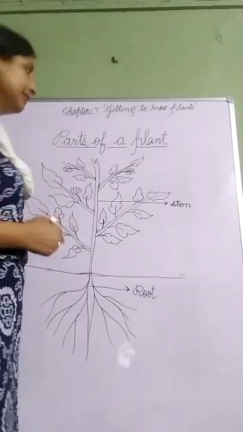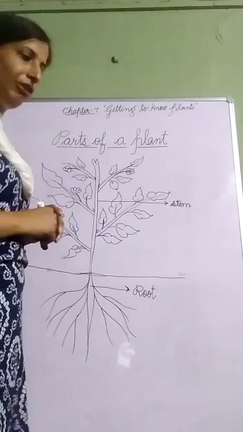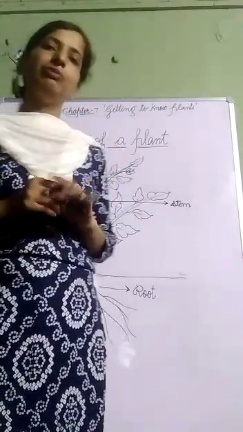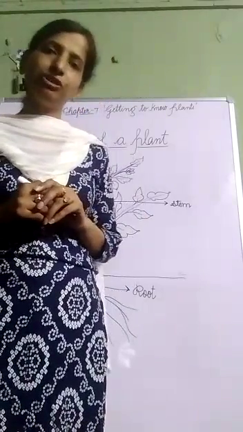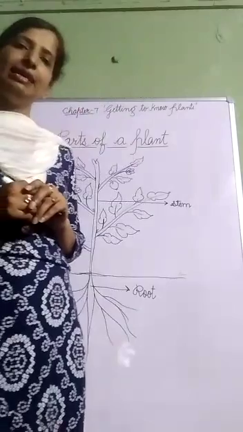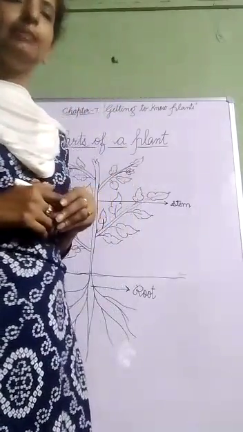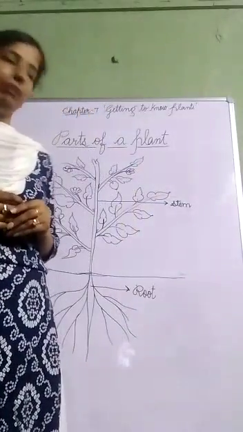Now let's discuss the function of leaves. Leaves are called the food factory of a plant. Photosynthesis, by which leaves prepare food for the plant, is the important function performed by leaves. So leaves perform photosynthesis, and by this process they prepare food for the plant.